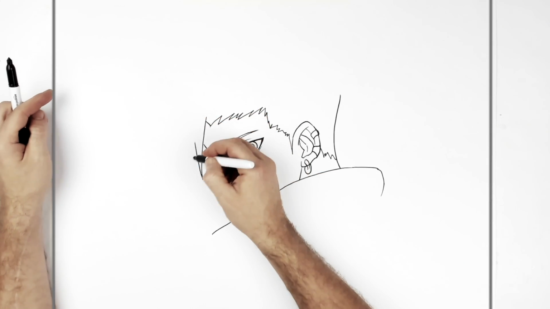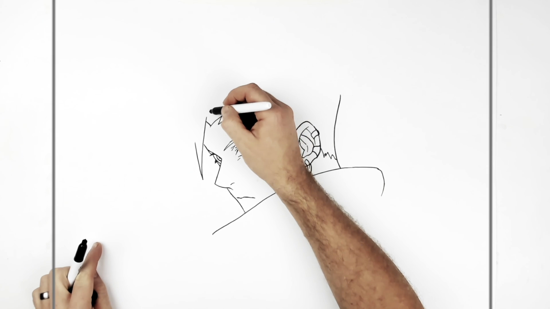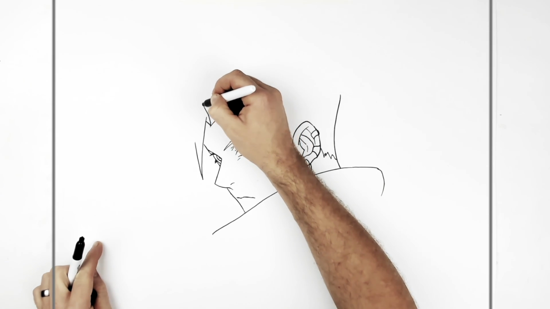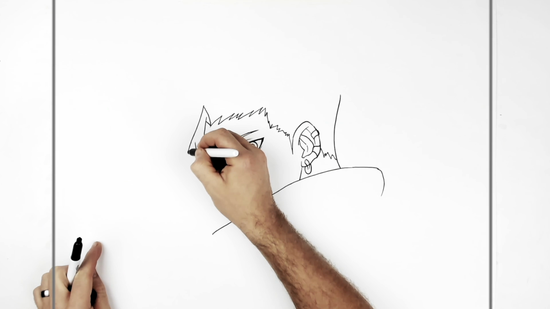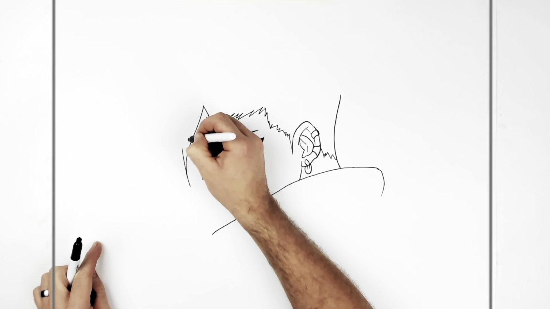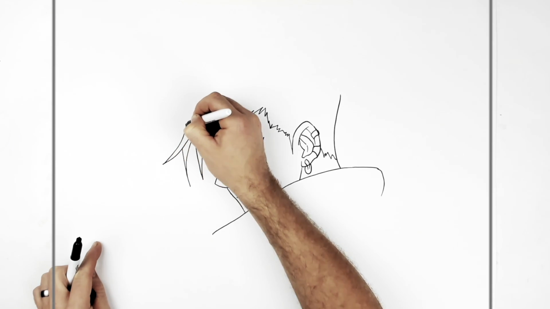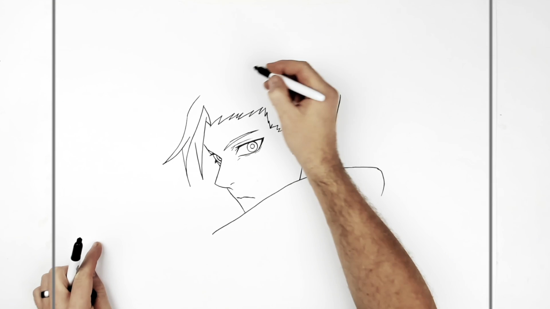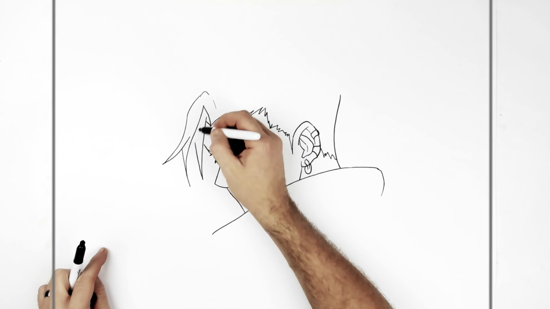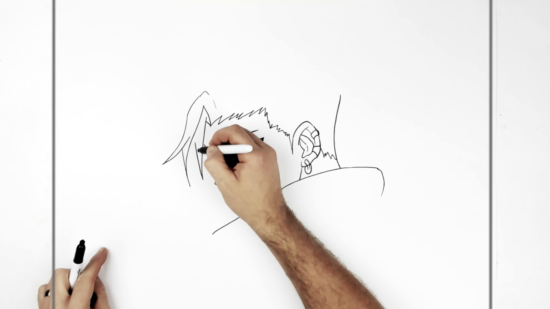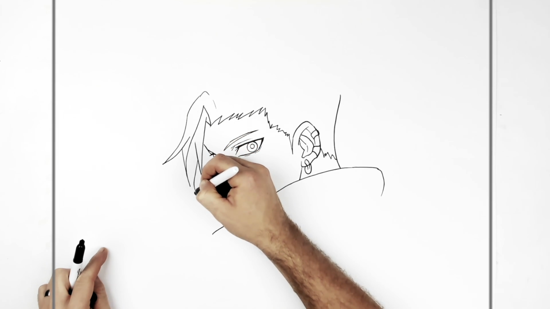So let's do this fringe now. Right, so we've got another piece of hair just going down this way. And then we have some more here.